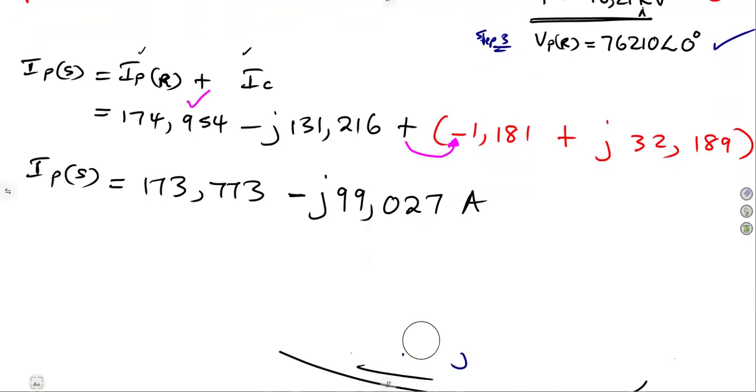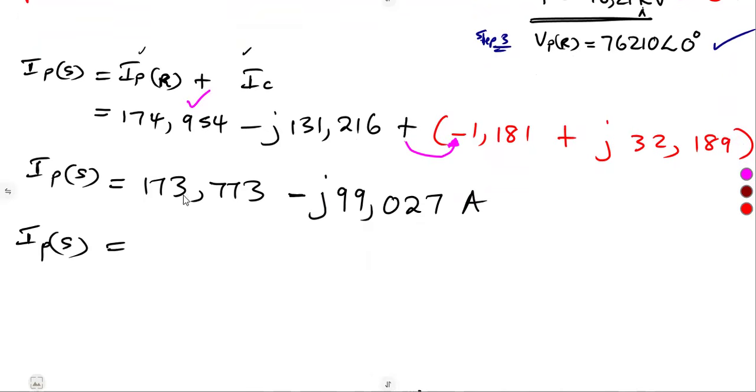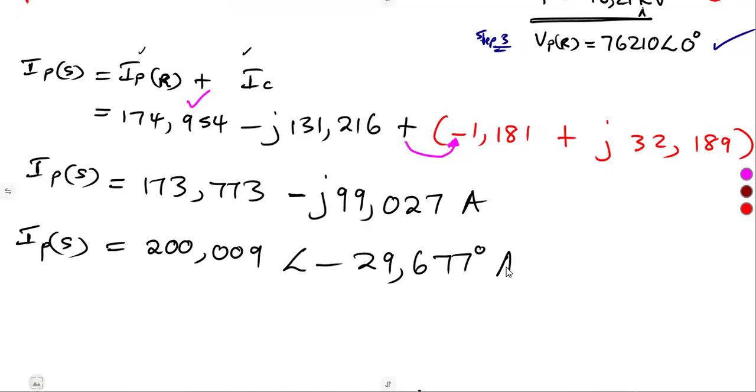We can also rewrite this one in polar form. Rewriting this in polar form gives us 200,009 at an angle of negative 29,677 degrees. So that's it. That is how we can play around with these typical questions.